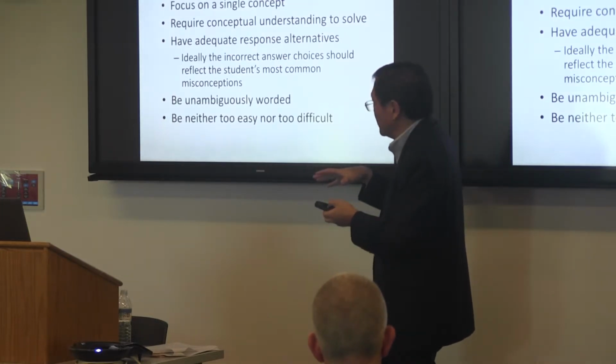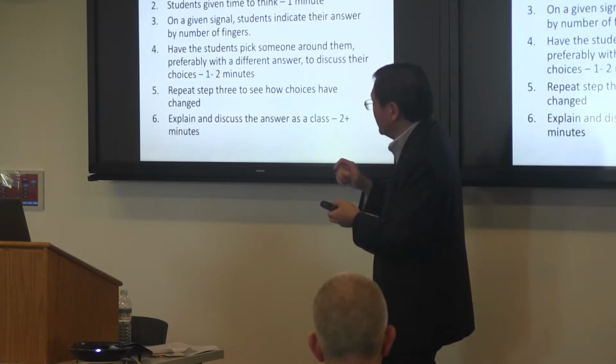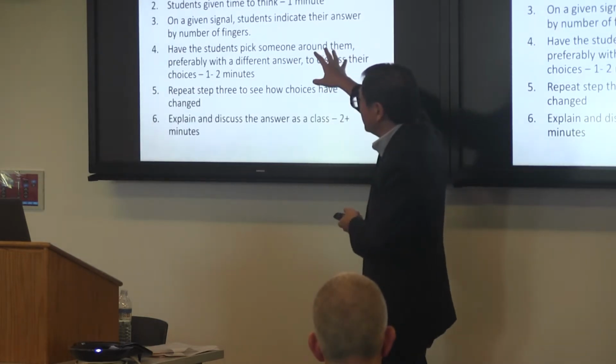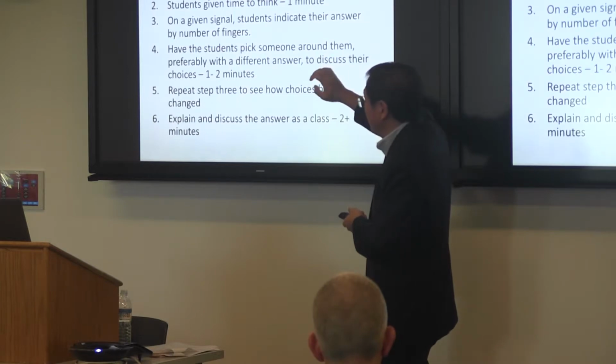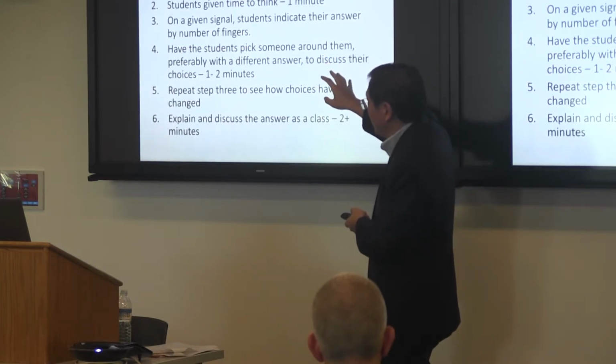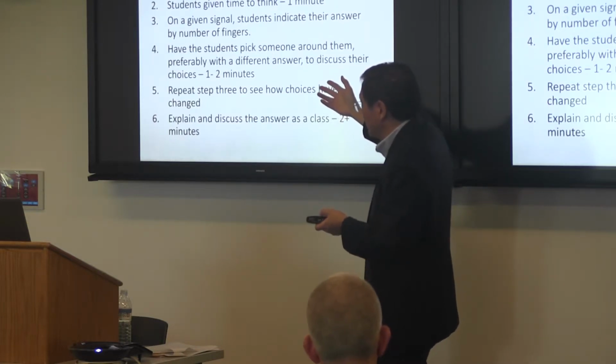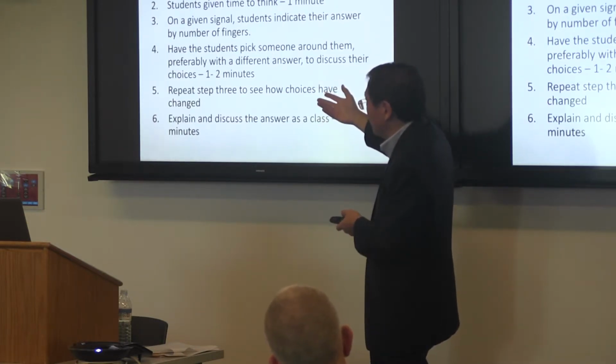It's basically a multiple choice question, but what's critical is the format. So you present the concept test, you get the students to think about it, time to think about it. Then on a signal, they indicate their answer either by clickers or number of fingers or Kahoot, Socrative, whatever you want to use.